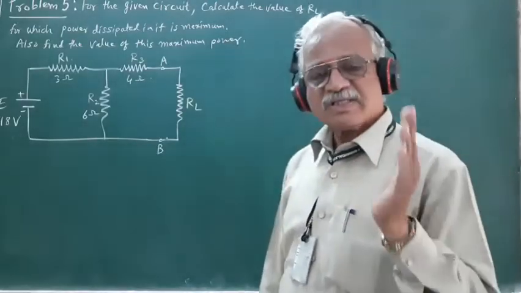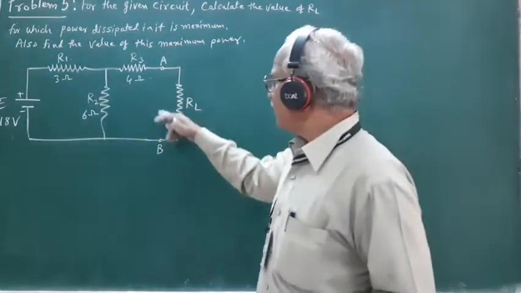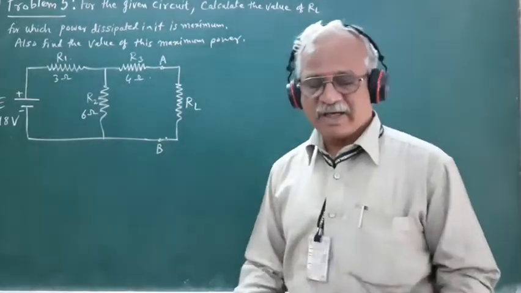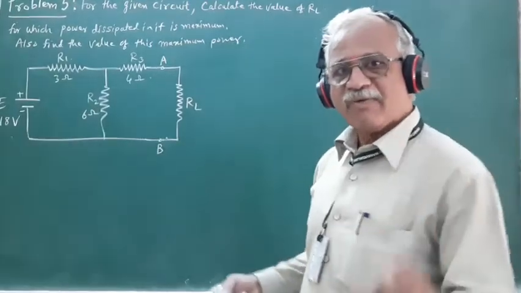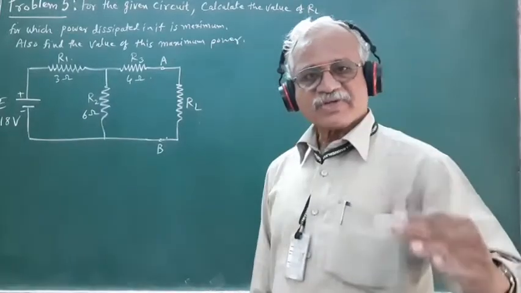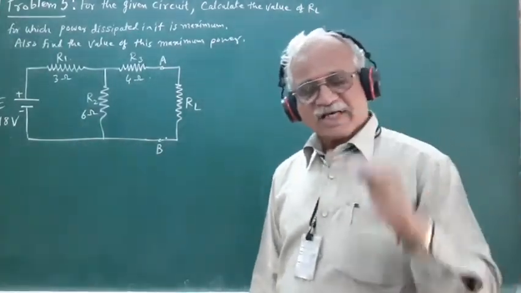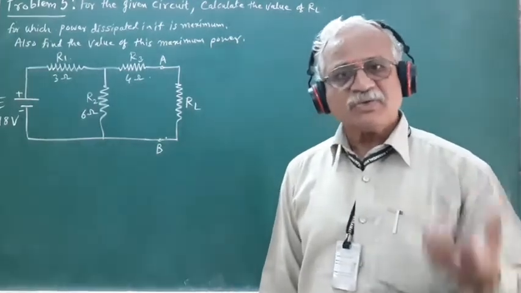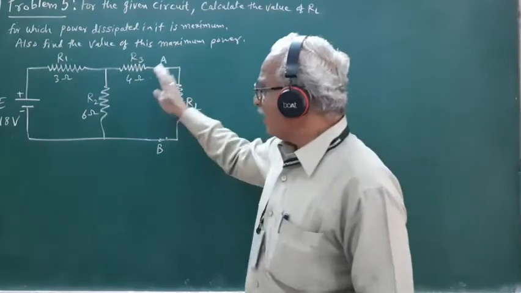Also, you are asked to find out what is the value of this maximum power that will be dissipated in this load resistance RL, or what will be the maximum power that will be available across this load resistance RL. The first question asked is when this power will be maximum. And the second question asked is to find out what is the value of this maximum power available across this load resistance.